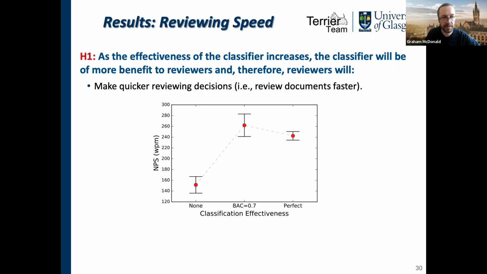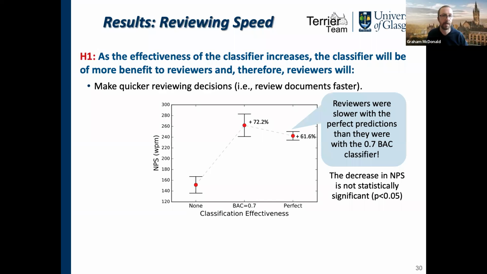But again, we don't see the same results. We don't see the same increases when we got a perfect classifier. So again, there's an open question as to, once you reach a certain point of assisting these reviewers, how much more effort do you need to put in, or are you better focusing your effort somewhere else?